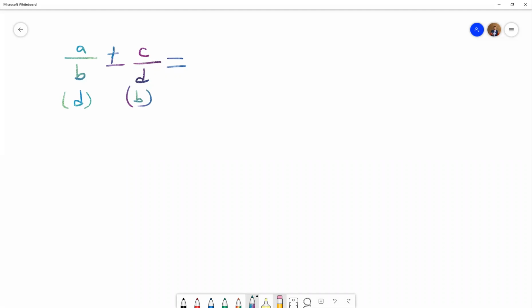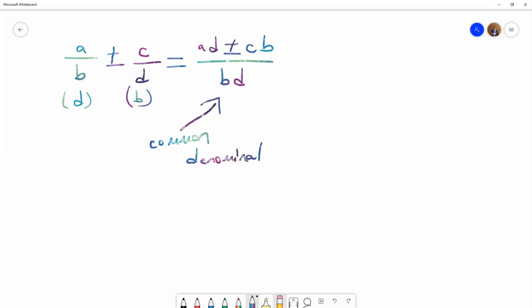So we find ad plus or minus cb over bd. So there's a common denominator here. So you easily find the solution also.